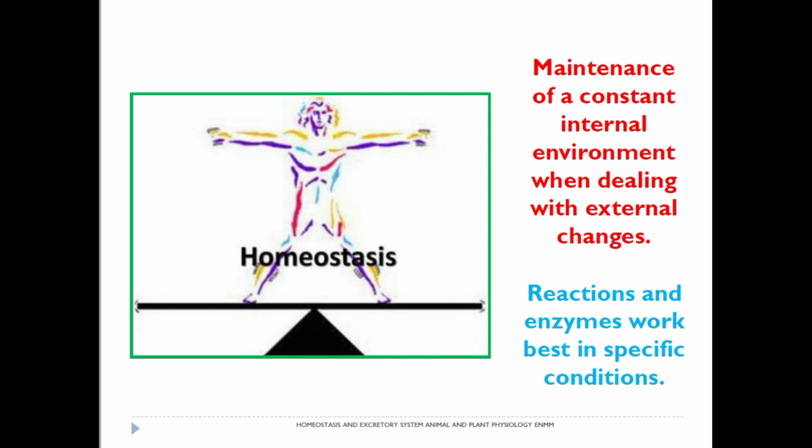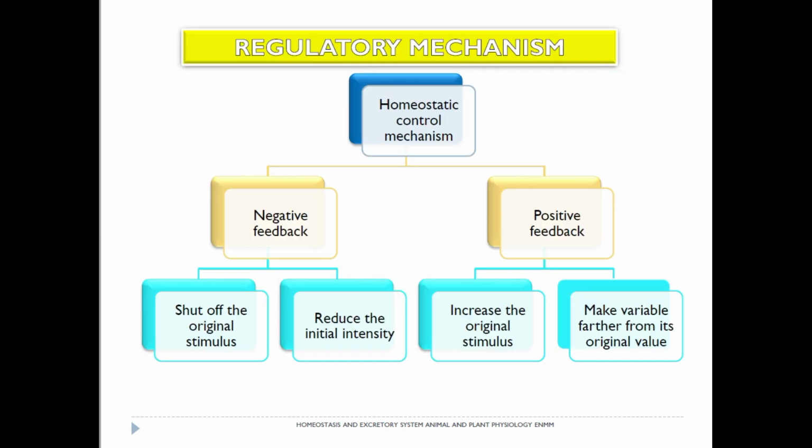And for positive feedback, this one increases the original stimulus and makes the variable move further from its original value. Usually it increases the concentration of certain hormones or certain enzymes. Examples of homeostatic regulation: thermoregulation, a constant optimal body temperature involving our metabolism, increasing and lowering our metabolism through hormones such as growth hormone and certain others.